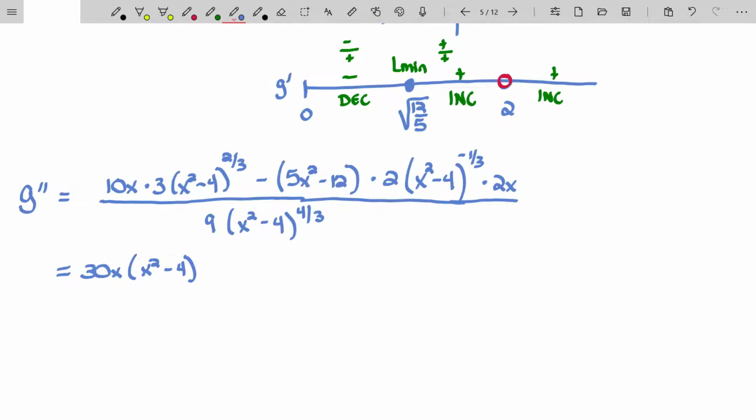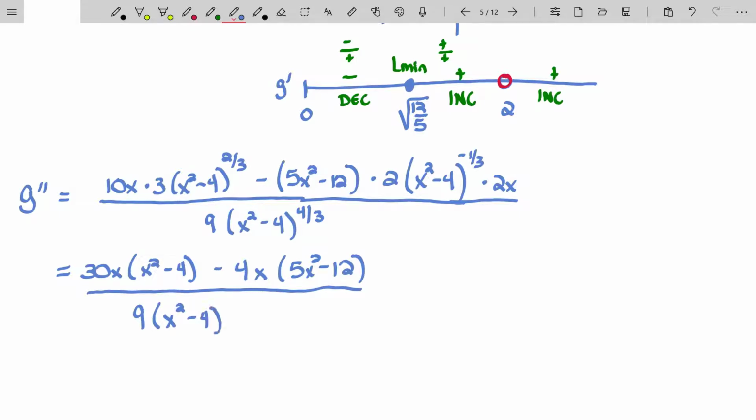That just becomes an x squared minus 4 to the 3/3 minus 4x times the quantity 5x squared minus 12. Obviously that disappears because we've multiplied by the same thing to the power of positive 1/3. All over, we add 1/3 to the power on this denominator, so it's a 5/3 power.